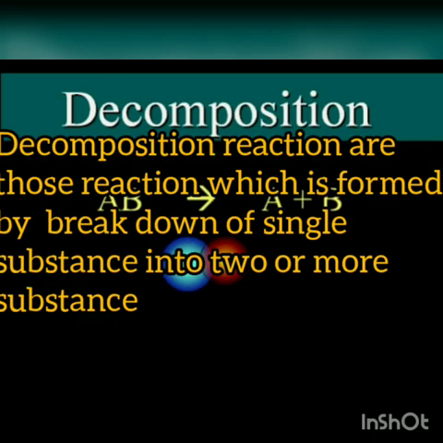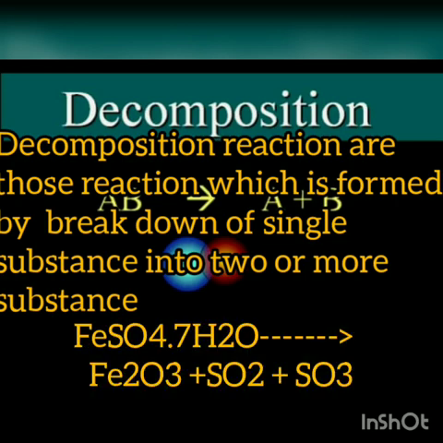Decomposition reaction. A decomposition reaction is a type of chemical reaction in which a single compound decomposes or breaks down into two or more substances, like FeSO4.7H2O in the presence of heat forms Fe2O3 plus SO2 plus SO3.